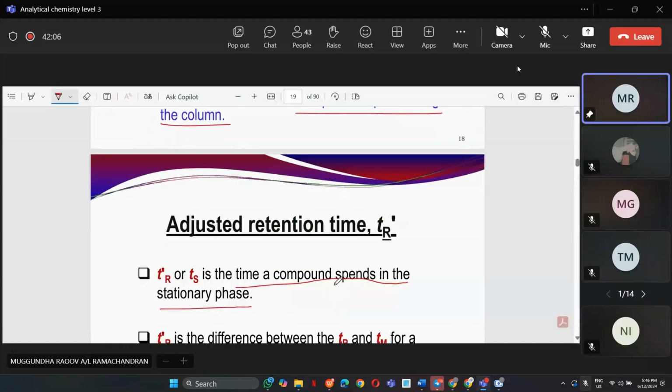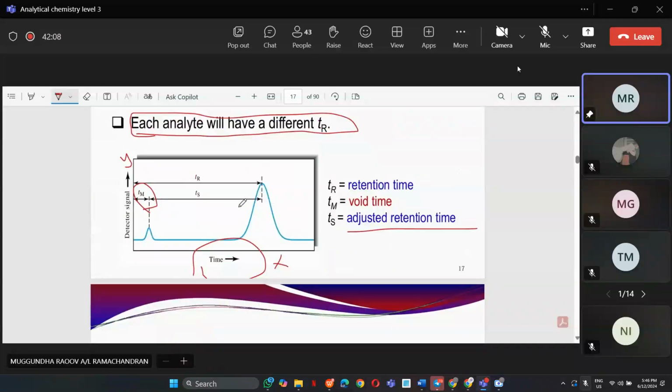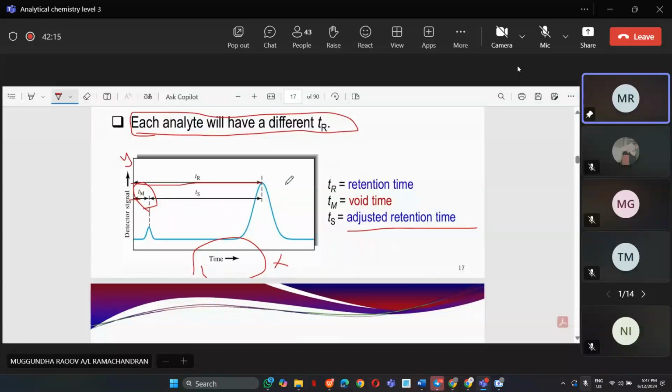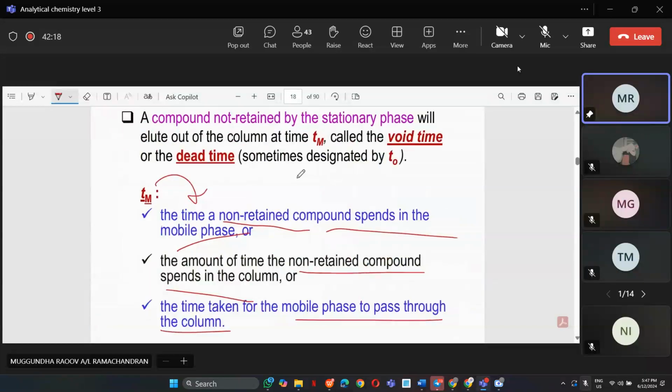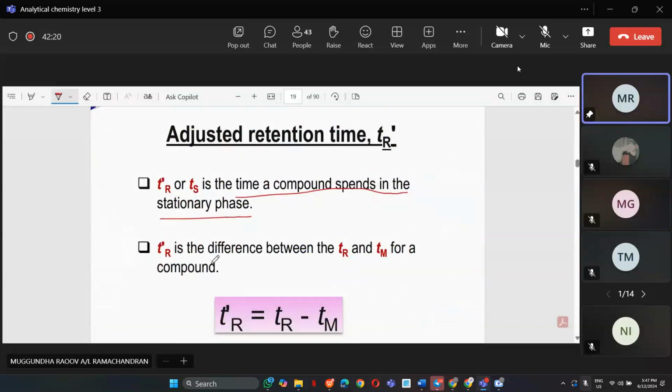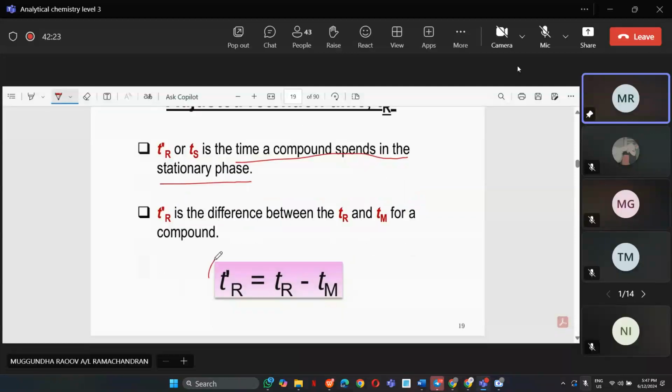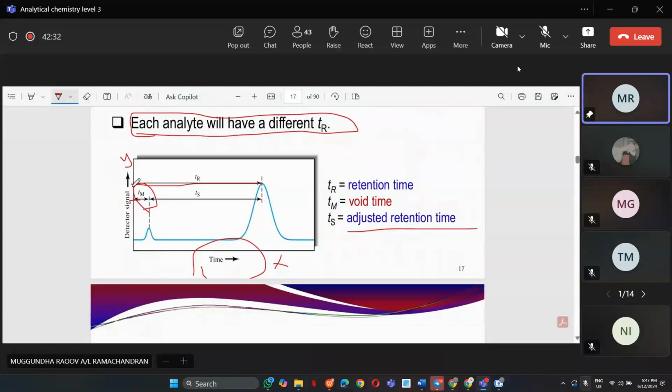When we subtract TM from TR, we get the adjusted retention time for each compound. For example, this is the TR and this is the TM. When we subtract, we get the adjusted retention time.